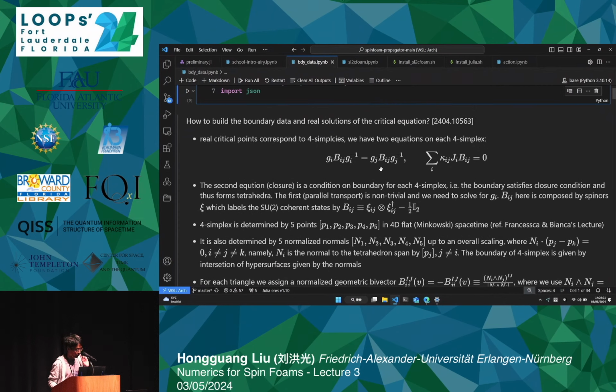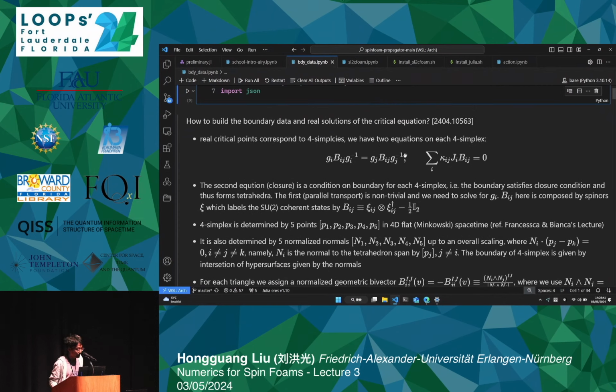Basically what we want to solve is the group element. The reason is in each four-simplex, this condition becomes a constraint on the boundary data. So it's a condition on the boundary data. Basically, B and G is the boundary data we need to give.